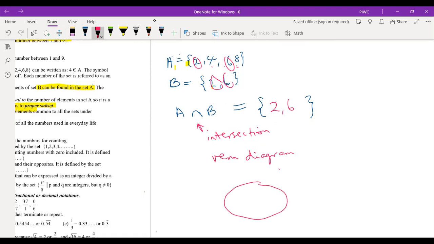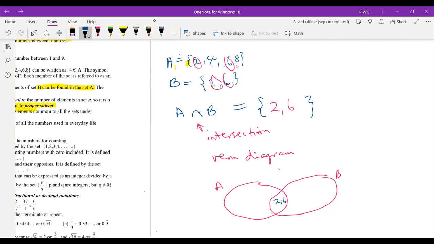If this is set A, and then let's overlap set B with that. What do they have in common? What they have in common is the intersection, the overlap here. So 2 and 6 will be here, common to both sets.